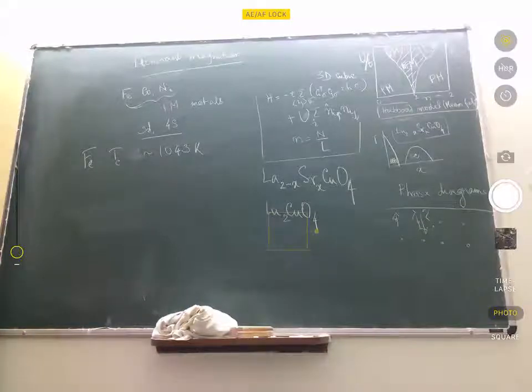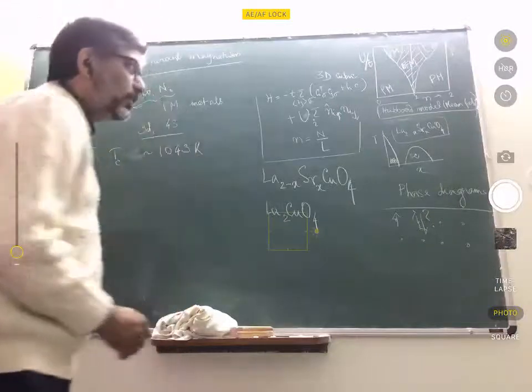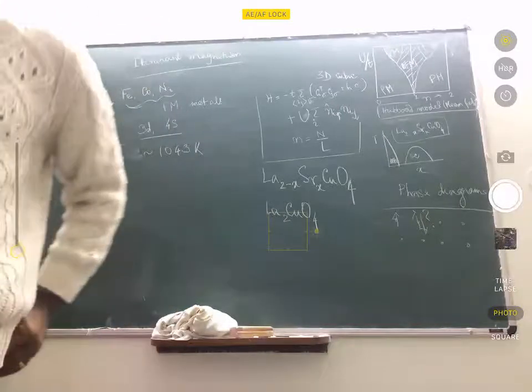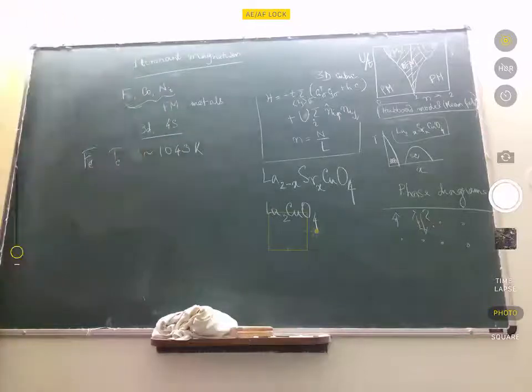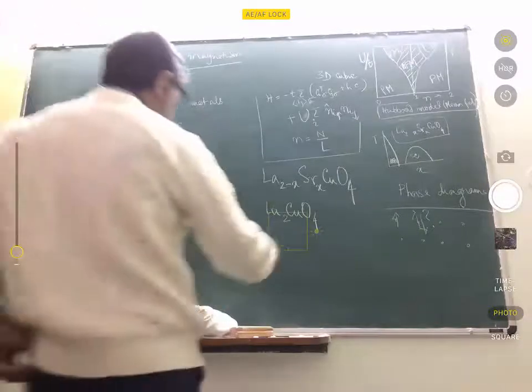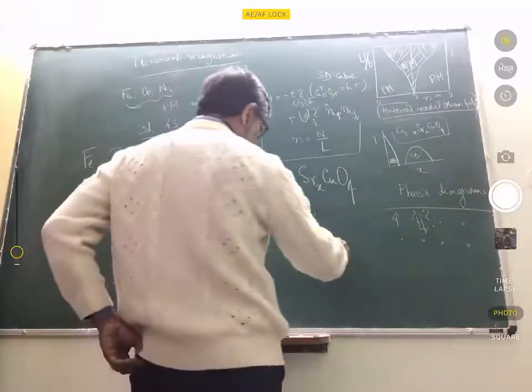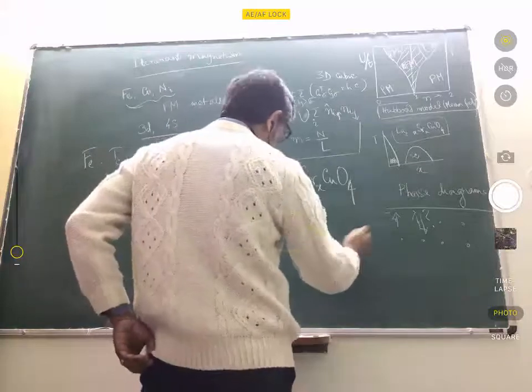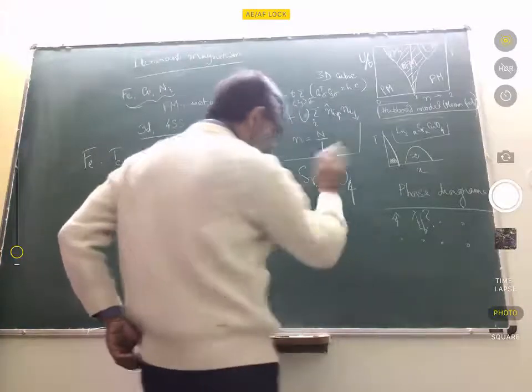So lanthanum cuprate, which is a well-known insulating material, when doped with strontium beyond a certain doping, below a certain temperature, became a superconductor. And that temperature, I forget the exact number, was tens of Kelvin, 30 Kelvin, 40 Kelvin, something of that order.